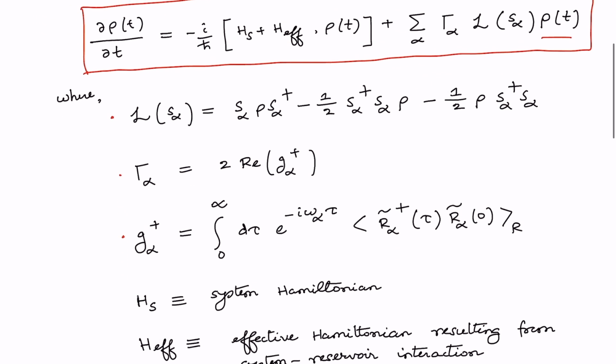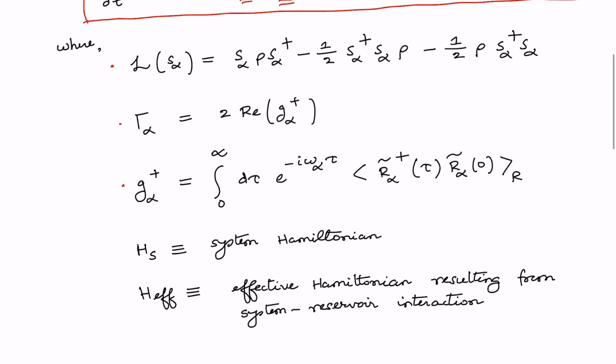And in the quantum master equation, Hs represents the Hamiltonian of the system, and H effective is the effective Hamiltonian which results from the system reservoir interaction. It only shifts the system energy level, hence mostly this term H effective can be neglected.